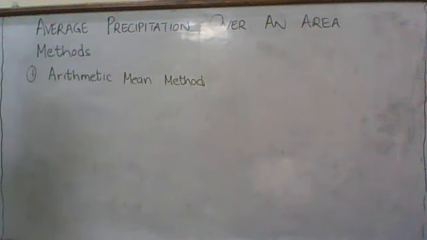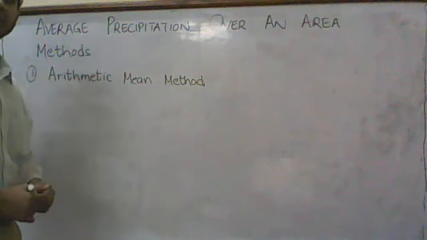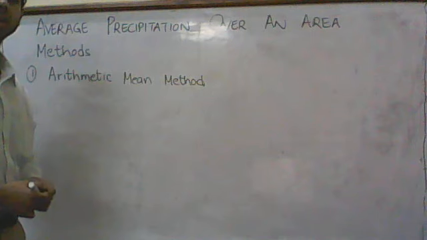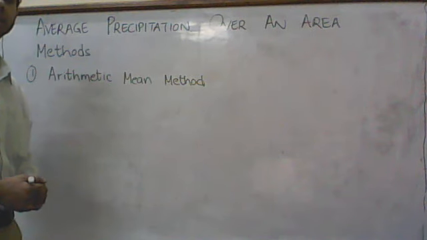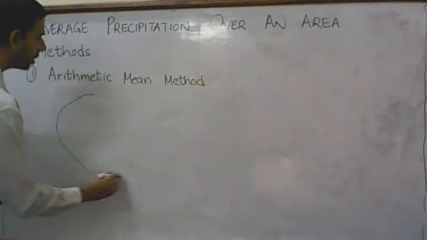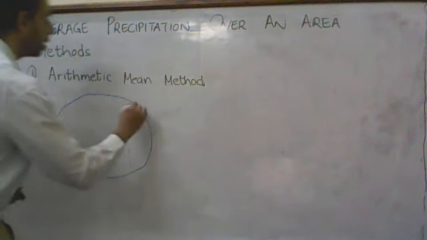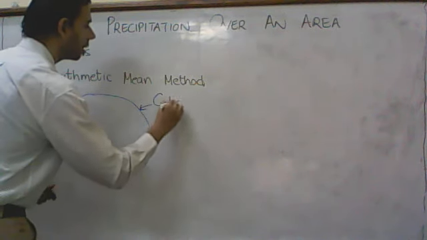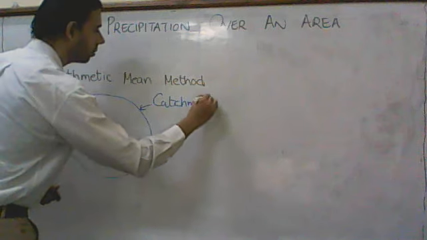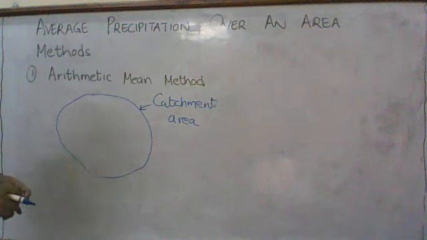Now, the first method is the arithmetic mean method. As I told you, this method is not that accurate as compared to the other two methods. So in this method, what happens? Suppose this is a particular catchment area, the area where rainfall occurs.